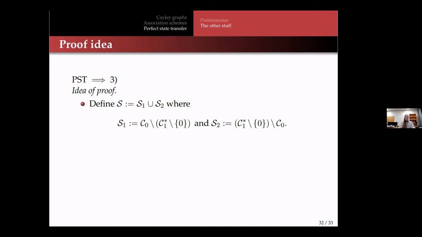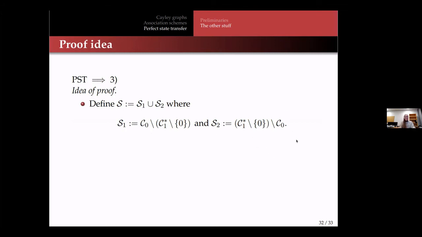We define this set S to be the union of these two sets, where we basically take the difference of C0 and C1 star minus 0, and then the difference the other way around.